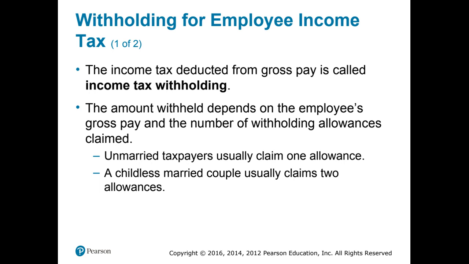And the amount withheld depends on the employee's gross pay and the number of withholding allowances claimed. So if you're unmarried, you usually just claim one, just yourself. Someone that does not have any children, but they are married, normally they claim two, one for the main filer and one for the spouse.